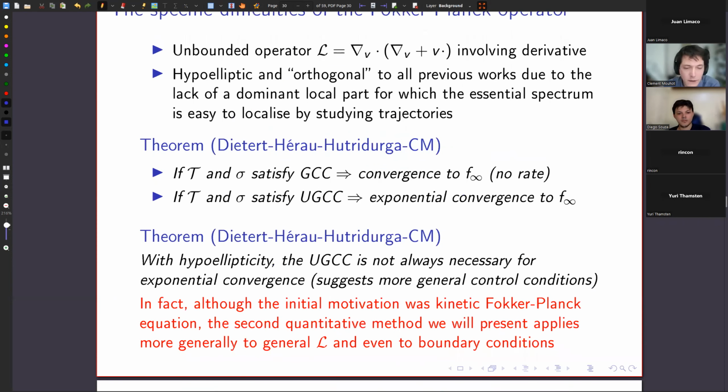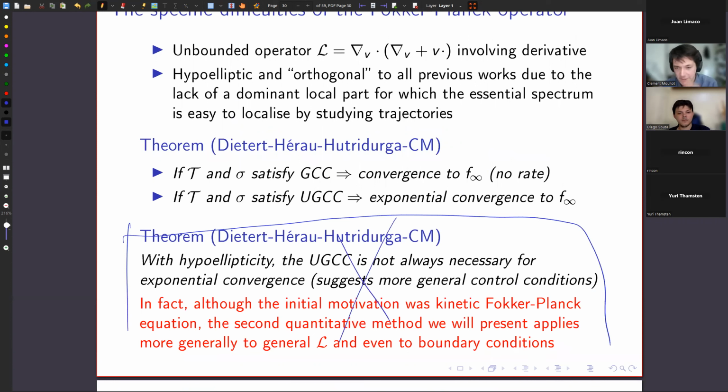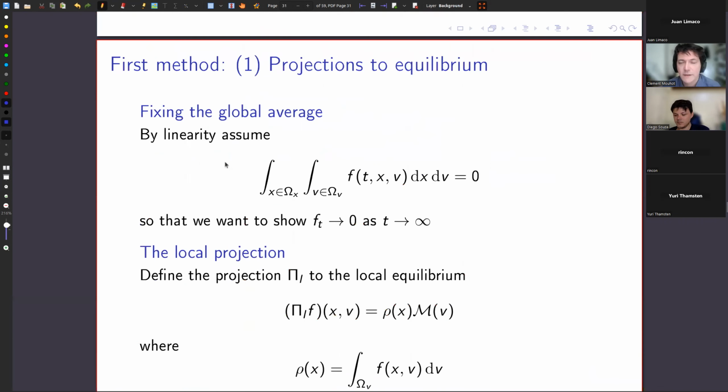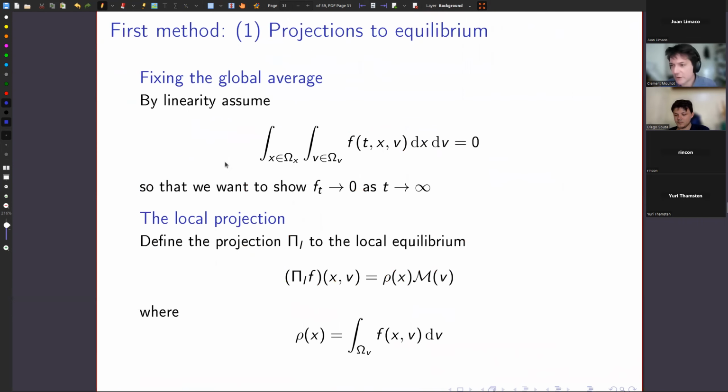There's also a second theorem, but I'm really short on time, so let me skip it and focus on the first one to give you some ideas. How much time do I have for the discussion of the proof? Around 10 minutes. Okay, so I'll try to give you an idea.